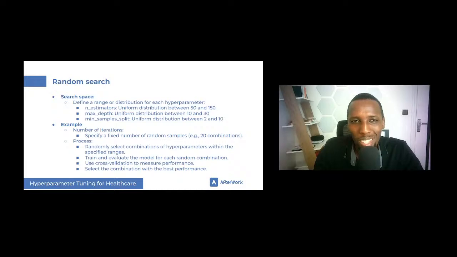Then the algorithm itself would select random combinations of hyperparameters within what we have specified, not from the very beginning, and it would check which of those combinations produce a better performing model.